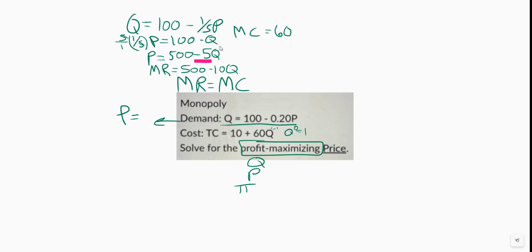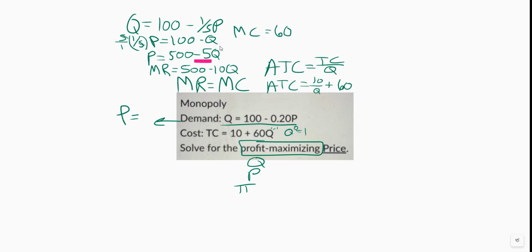The other thing that would be interesting to see on the calculator would be average total cost. To get this, you just take total cost and divide it by quantity. So here, our average total cost is going to be 10 over Q, just dividing by Q, plus 60 over Q. But 60Q over Q is just 60.